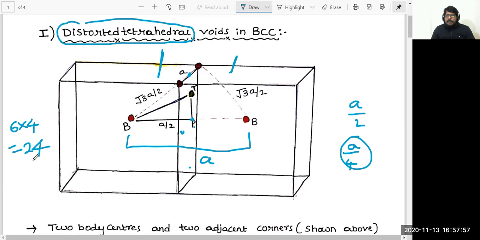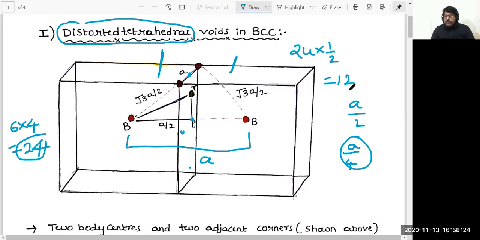A total of 24 tetrahedral voids, but the contribution of each is 1 by 2. Hence, 24 into 1 by 2 is equal to 12. Effectively, each BCC unit cell has 12 tetrahedral voids.